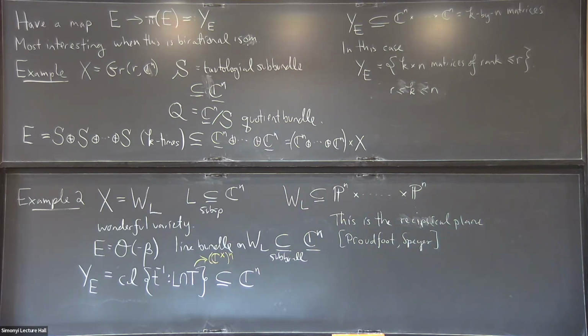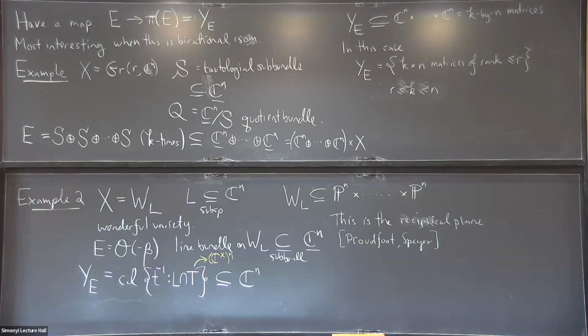In this case, what I would get is that the degree of the reciprocal plane is going to be the degree over the wonderful variety of the top Chern class, the dim X dimensional Chern class, of the associated quotient bundle.